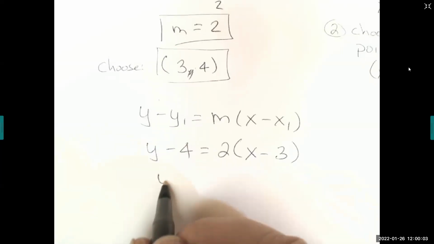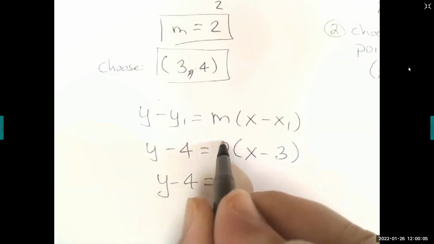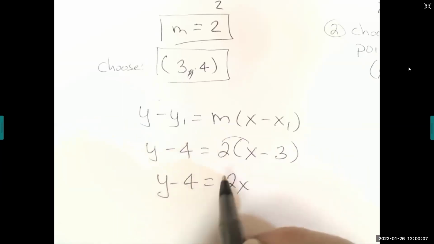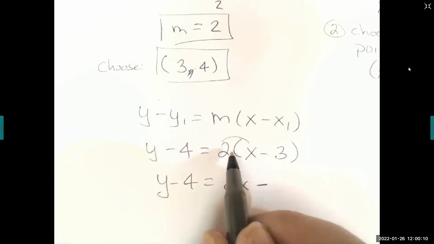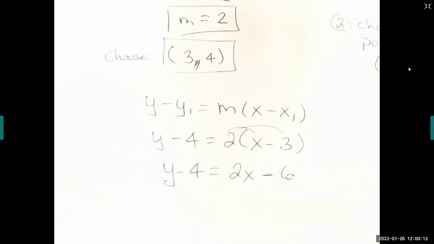Now we have to get rid of the parentheses first. So 2x, positive times negative is negative, 2 times 3 is 6.